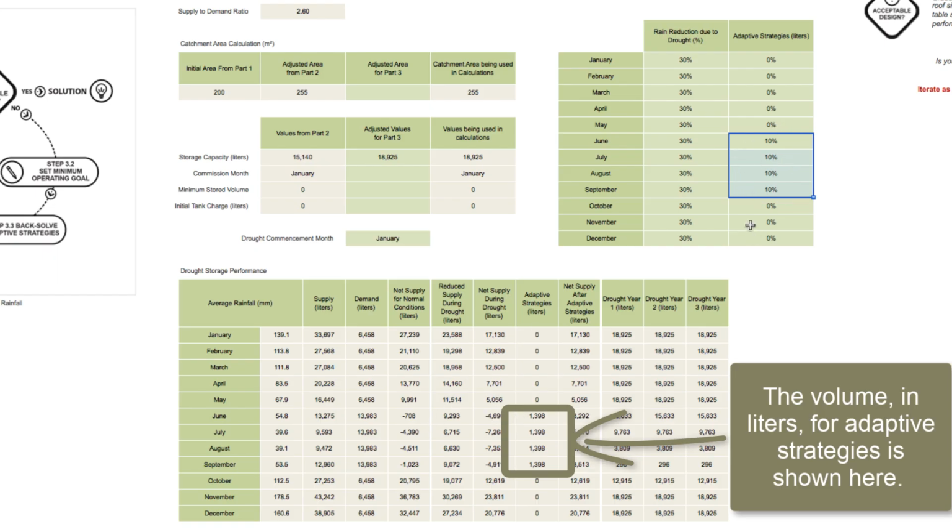They could also supply 10% of their demands, so make up the difference via the municipal system. Or they can go back to part 1 and cut out 10% of their normal operating condition demand loads. And if they had to perform any economics to figure out which decision they might take, the volume in liters is also shown on the table.